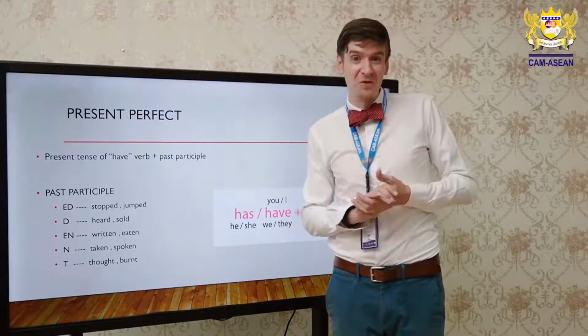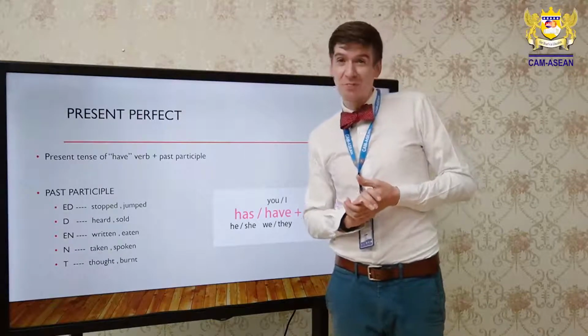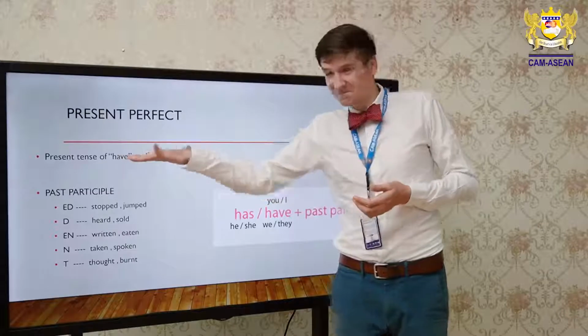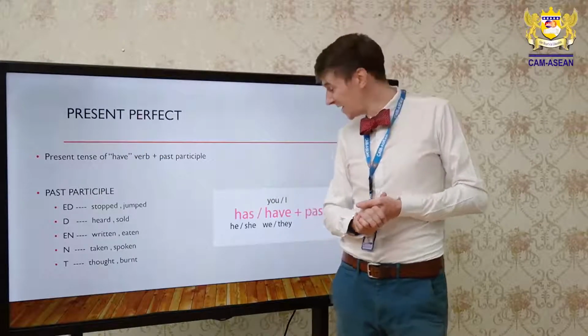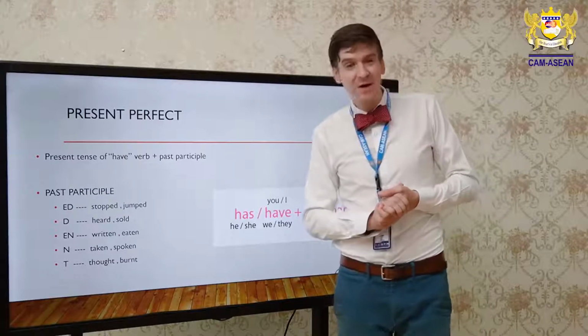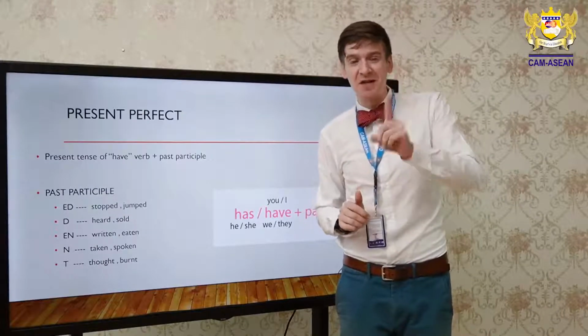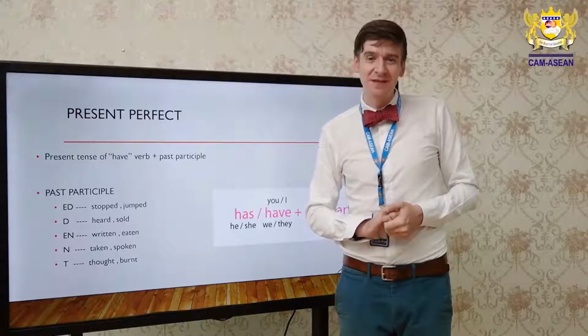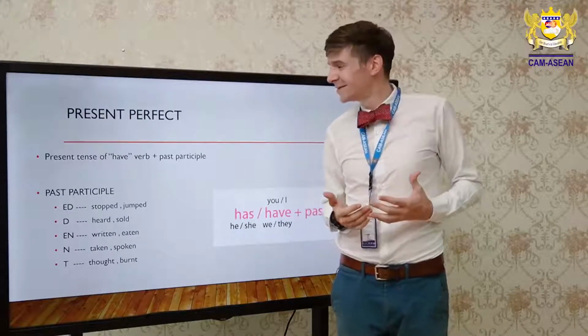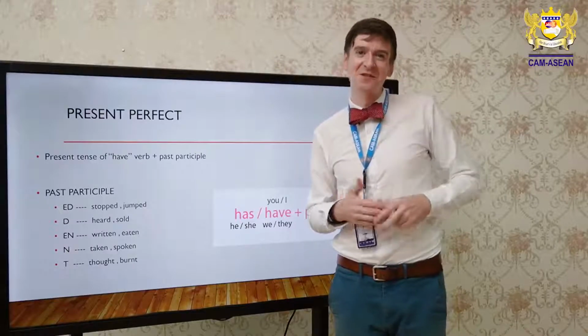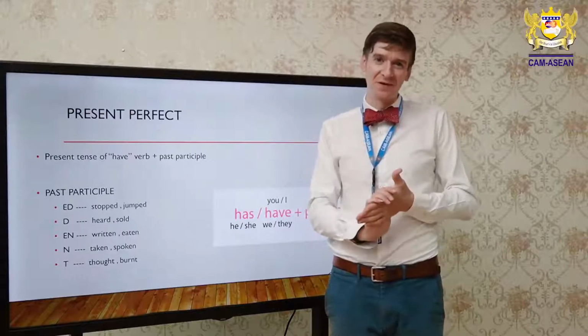So we have to use the plural form of the have verb, which is we have. What about a singular subject? He. He has. Has is the singular form of the verb.